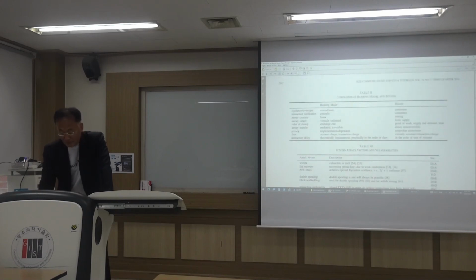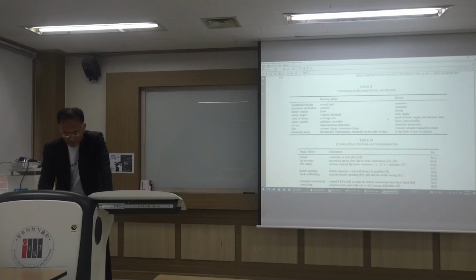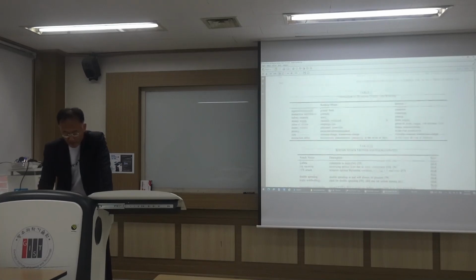Comparison of the banking model and Bitcoin. So this is very interesting. Banking is regulated because they have to keep the balance, right?